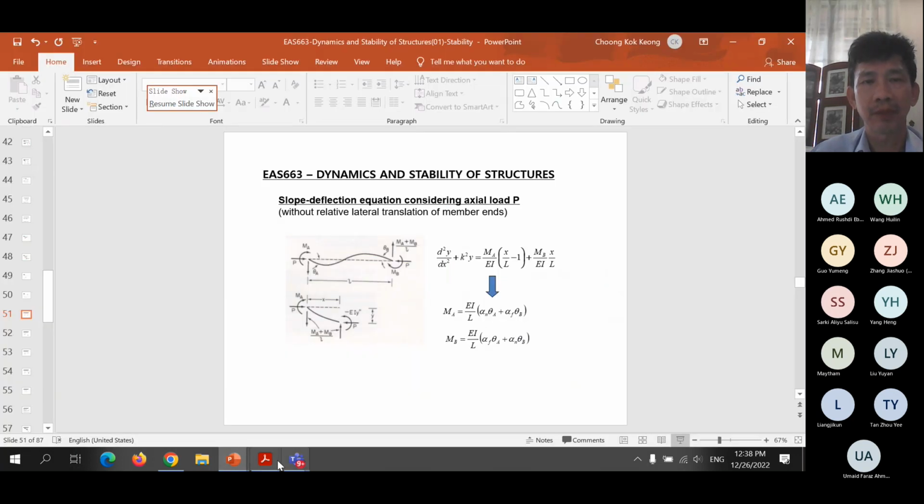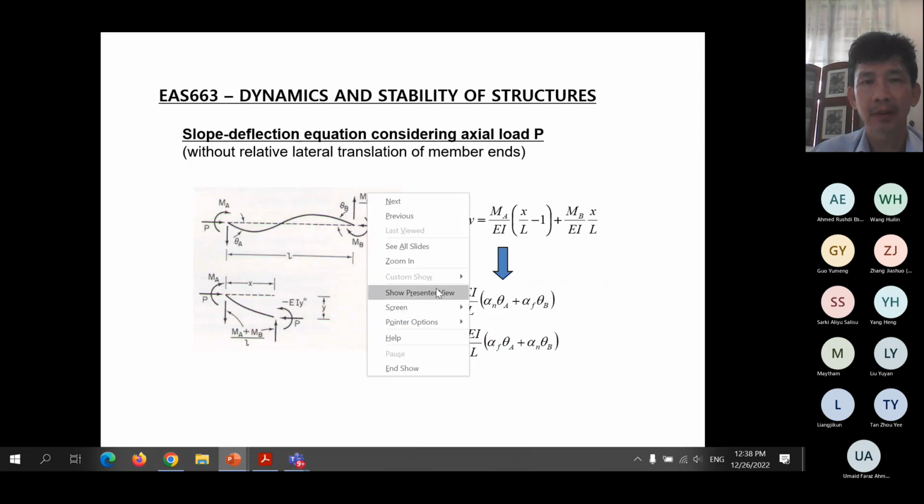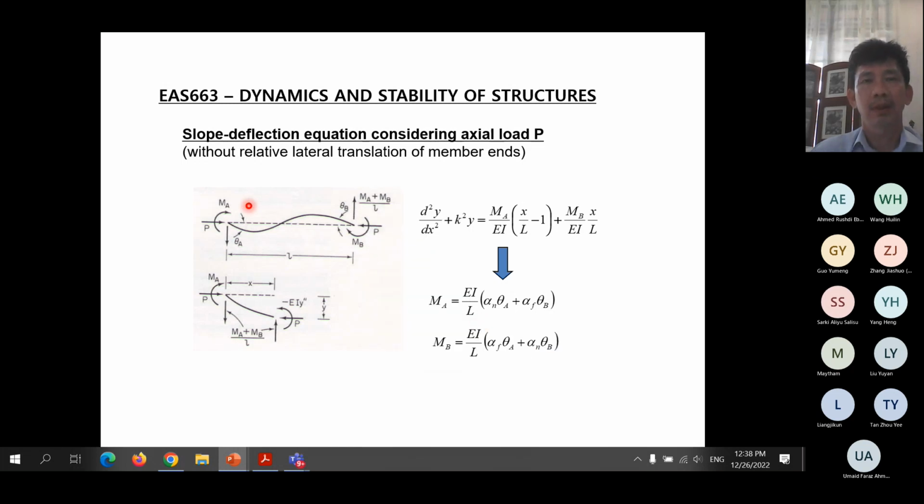Now, slope deflection equations as shown on this slide. I think slope deflection equations in this particular topic, we want to derive these equations and make use of these equations to solve a given problem to determine critical loads of that column or the frame, okay, or members in the frame.